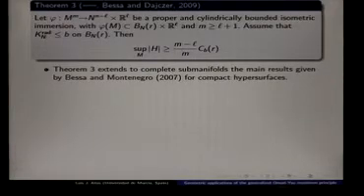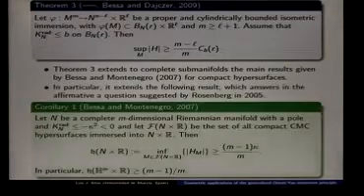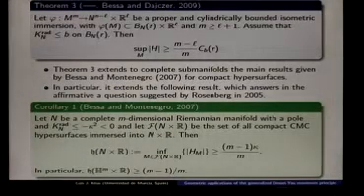They consider compact hypersurfaces in a product space of the form N times R, and in particular, it extends the following result stated by Bessa and Montenegro, which answers in the affirmative a question suggested by Rosenberg in 2005, which has to do with the estimation of this value here, which is the infimum of the mean curvature over the set of all possible compact constant mean curvature hypersurfaces immersed into the ambient space.